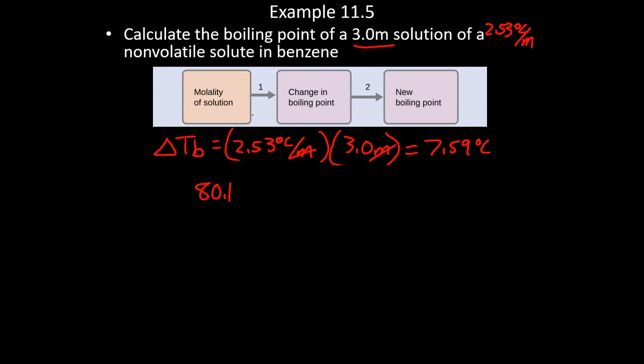And because this is the boiling point that we're looking at, it is going to be elevated. So the new one is going to be 80.1 plus 7.59. So that is 87.69 degrees C. All right, so that is our new boiling point.